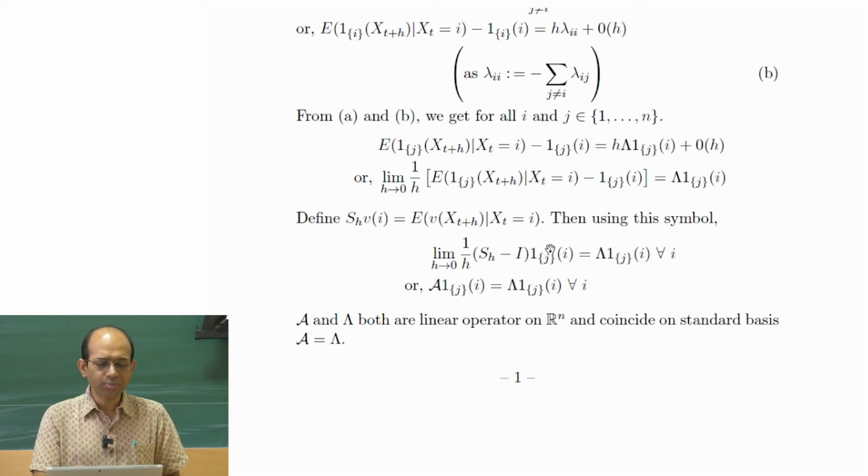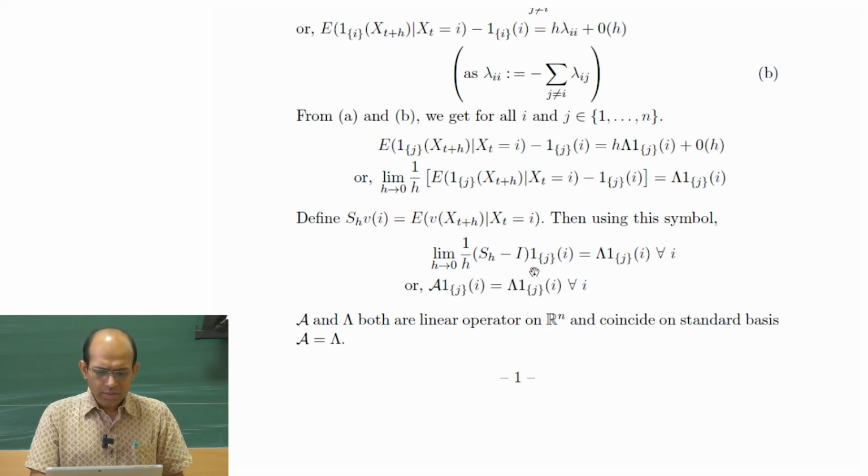But instead of operating on an arbitrary function v, we are calculating it on the basis vectors in that Banach space. What are the basis vectors? They are the unit basis vectors 1_j. So we operate on 1_j, and whatever vector we get after operating, we evaluate that vector at the point i.